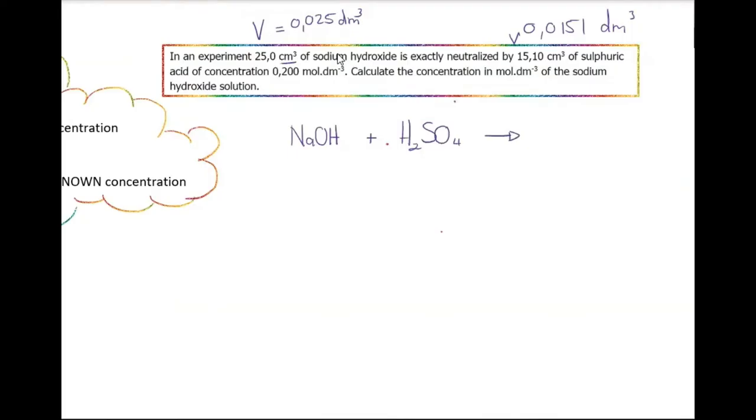Of sulfuric acid, we've got that. Of concentration, 0.2 mole per cubic decimeter. So there's a concentration. Immediately, you need to see that you've got V, volume, and C, concentration of one substance. That is two of your three variables that you need. So you can immediately start.